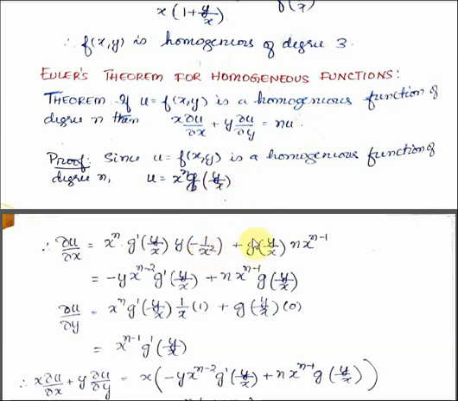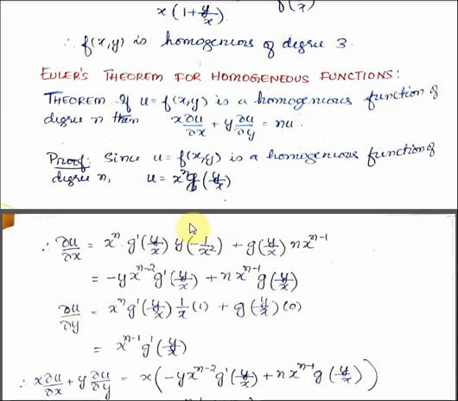Plus, the second function is kept constant. Differentiation of the first function x power n becomes n x power n minus 1. Rearranging, minus y is taken in the first, x power n divided by x square becomes x power n minus 2. So ∂u/∂x is minus y into x power n minus 2 into g dash of y by x plus n into x power n minus 1 into g of y by x.